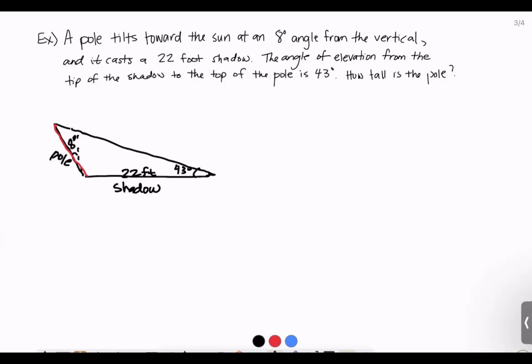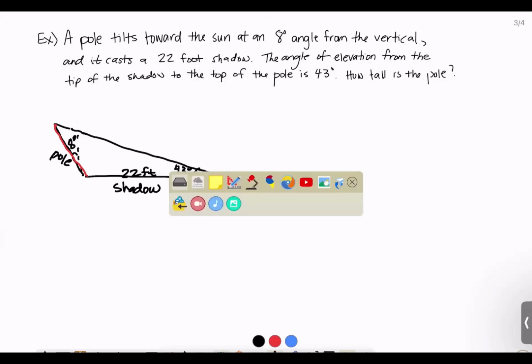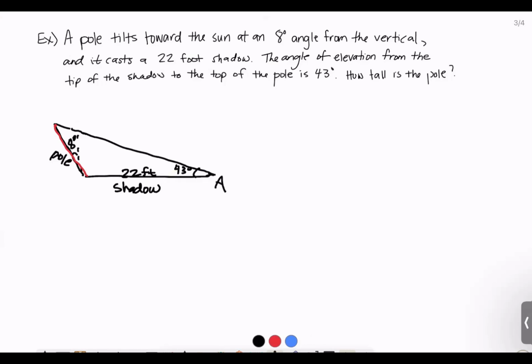All right, so I'm going to label these, and the labeling is not important here. Just call this A, this B, this C, as long as the sides are opposite the angles: the letters A and A are opposite each other, B and B are opposite each other. Doesn't matter which angle you call what.